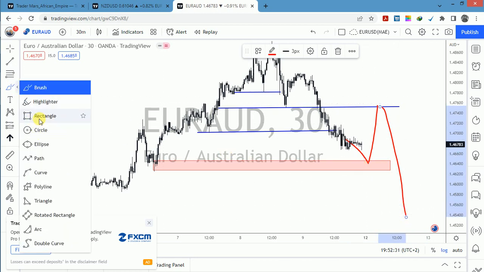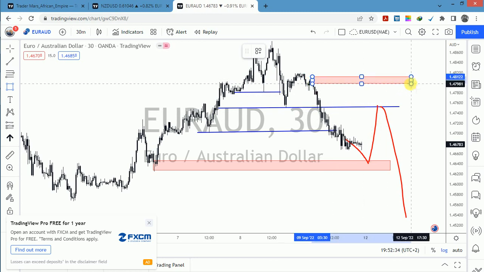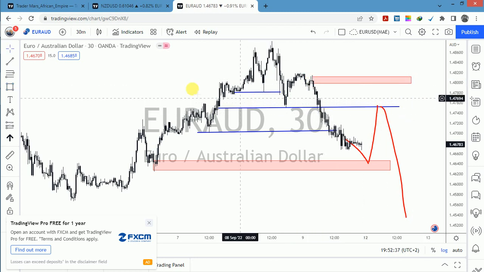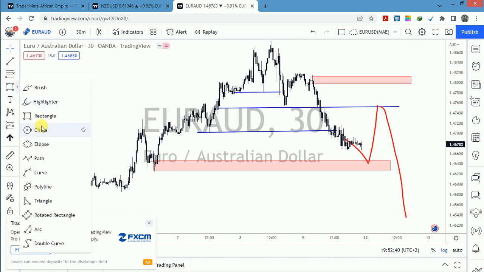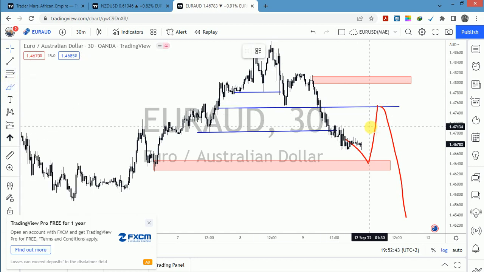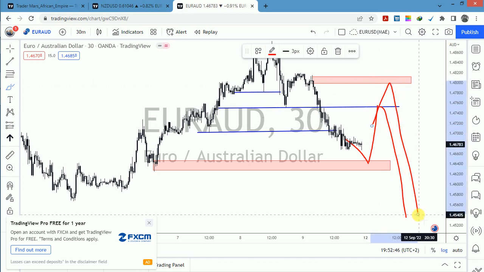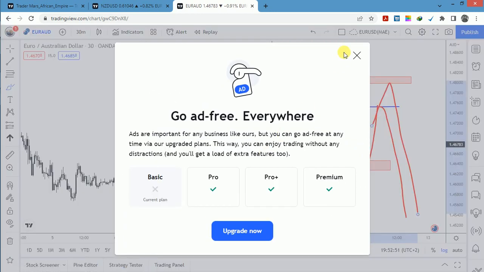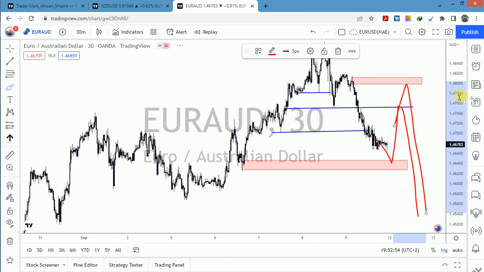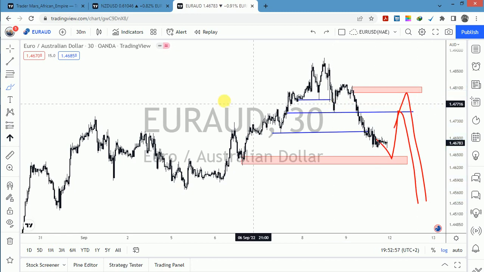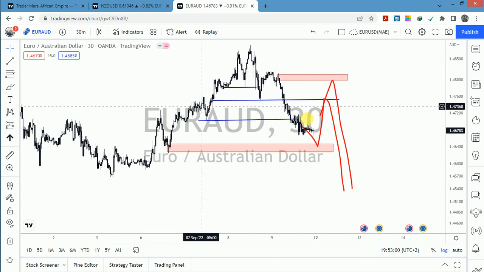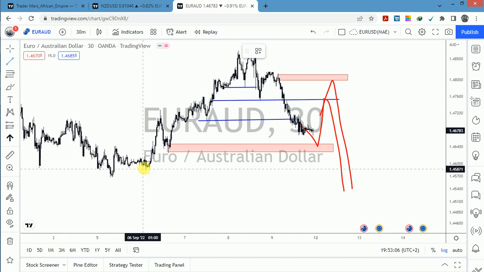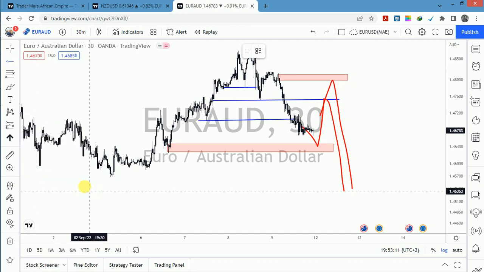But there is a nice OB up there that I believe we might use to get a rejection and then continue to go down. Let's see what is happening there.